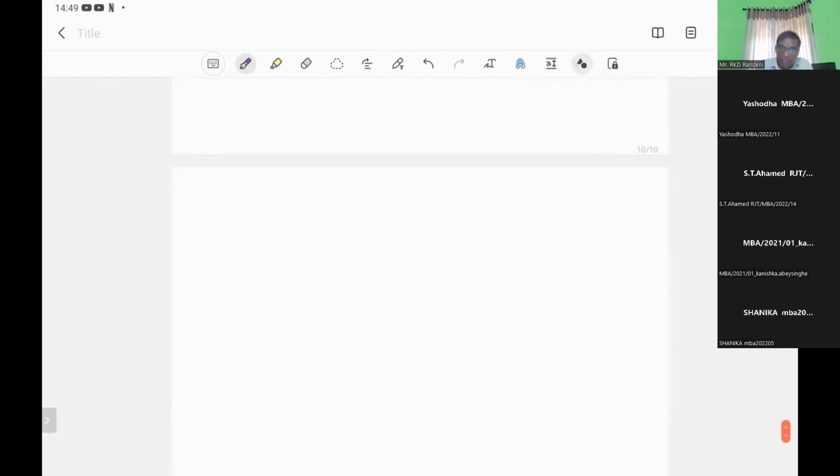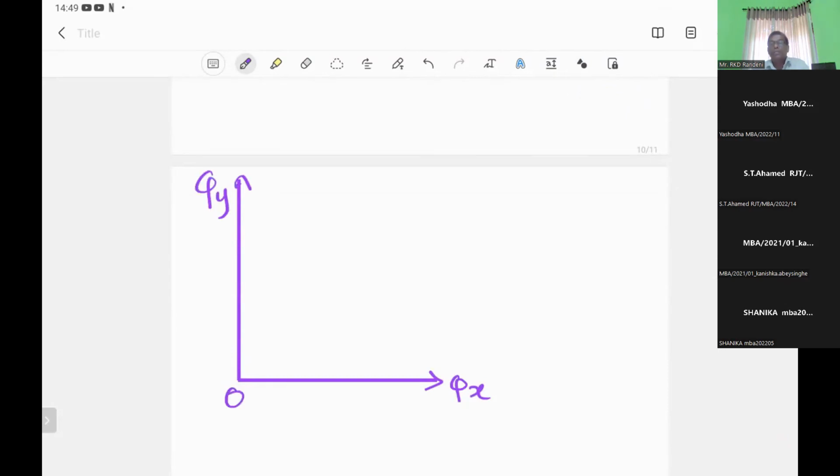Now, assume that here quantity X, here quantity Y, right? Before the price of the commodity changes, this is the budget line, AB budget line.